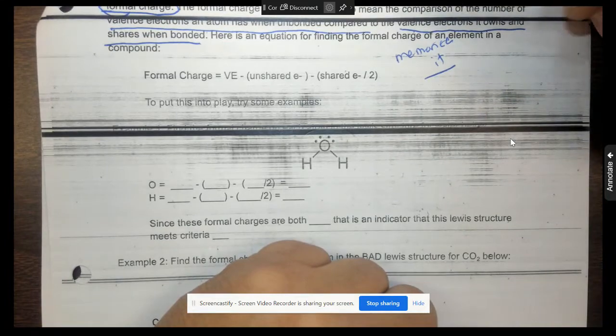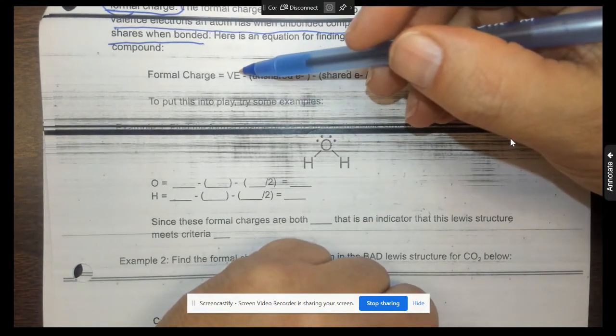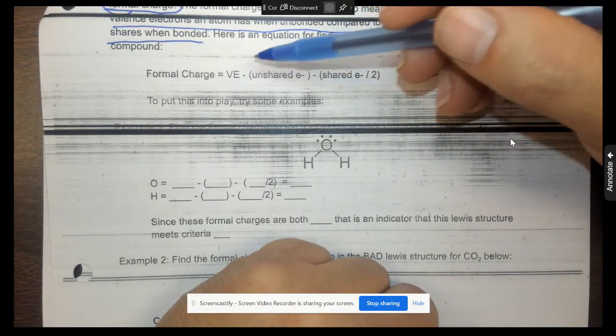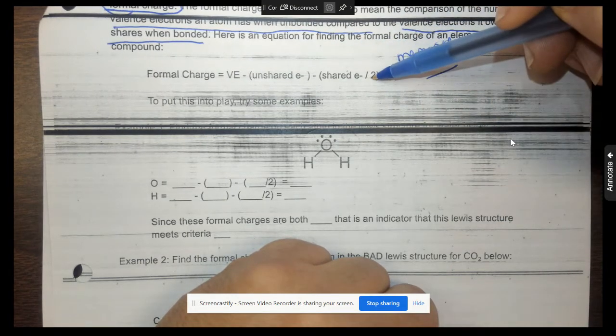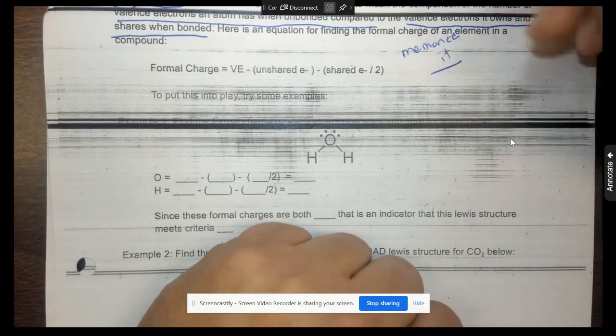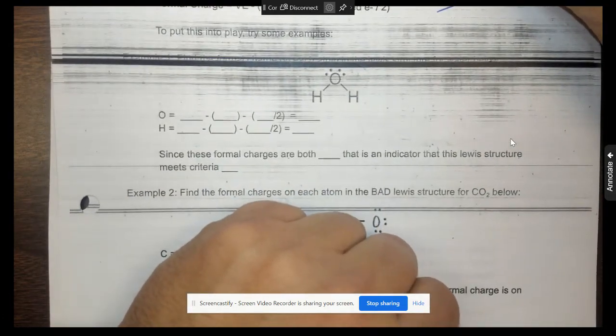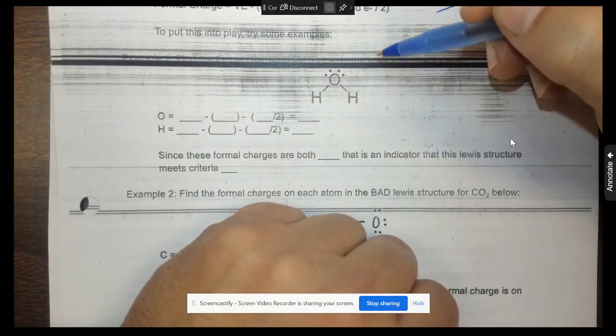To find the formal charge of an atom, you take the valence electrons that atom would have, minus the unshared electrons, minus the shared electrons divided by 2. So you just got to do it in order to figure it out. Oxygen, look on your periodic table.